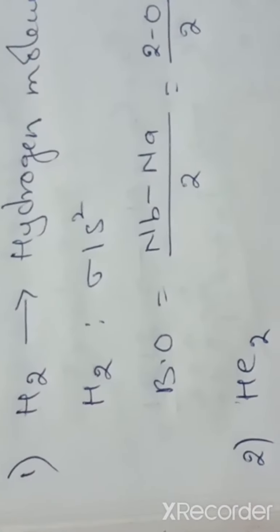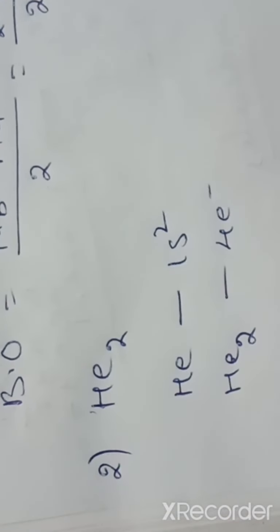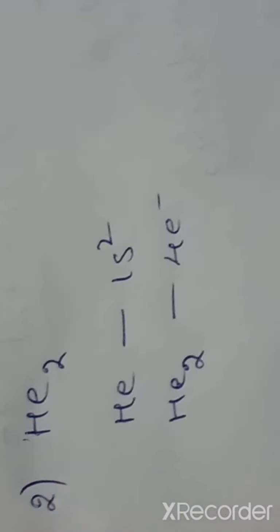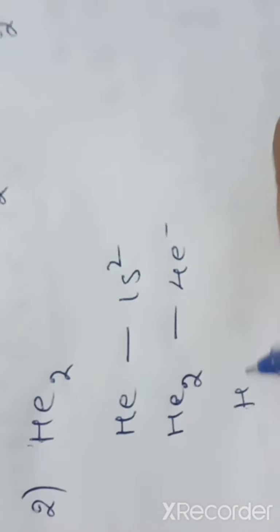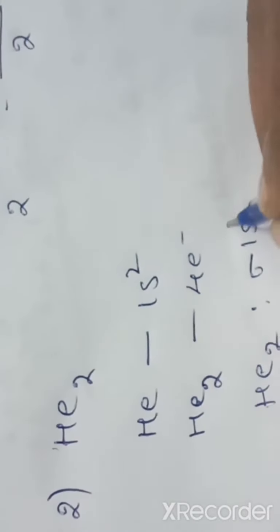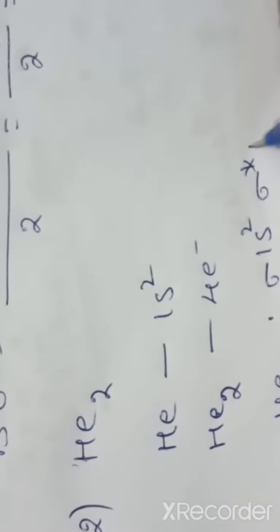In one helium 2 electrons are present; if 2 heliums, 4 electrons are present. These electrons will be accommodated in sigma 1s and sigma star 1s molecular orbitals, leading to the electronic configuration of He2: sigma 1s2 and sigma star 1s2.